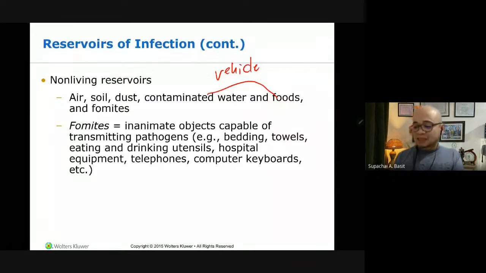While fomites are inanimate objects capable of transmitting pathogens, such as beddings, towels, eating and drinking utensils, hospital equipment, telephones, and even computer keyboards, or when you borrow a cell phone from another person. Any inanimate object that can be contaminated and could potentially transmit pathogens, we call fomites. Even a doorknob, fomites.